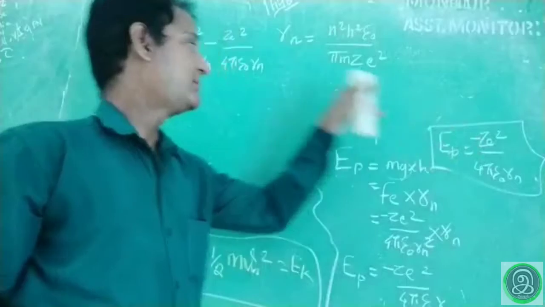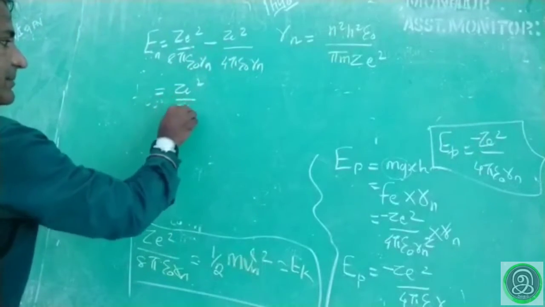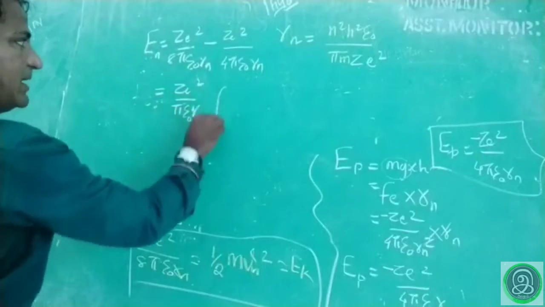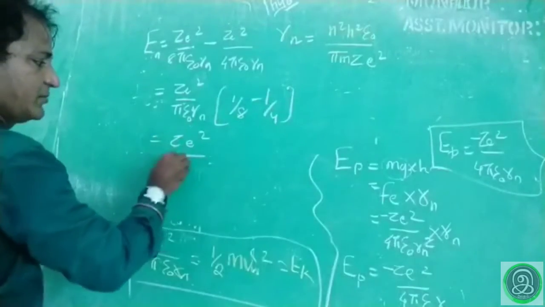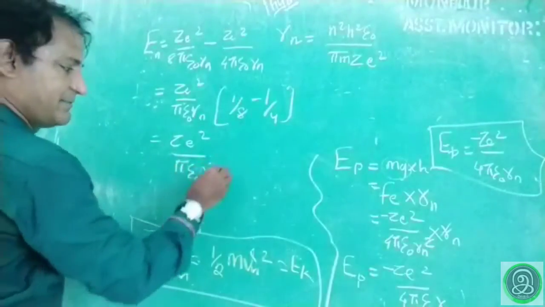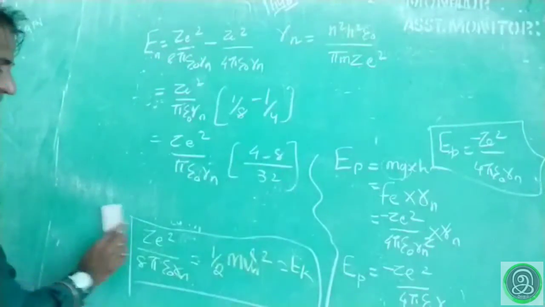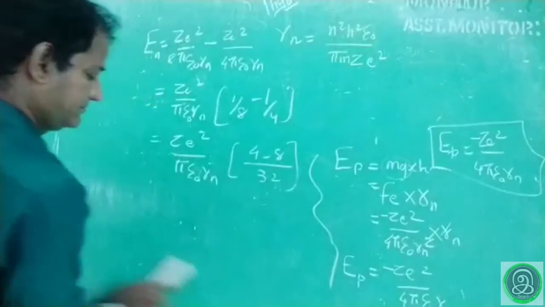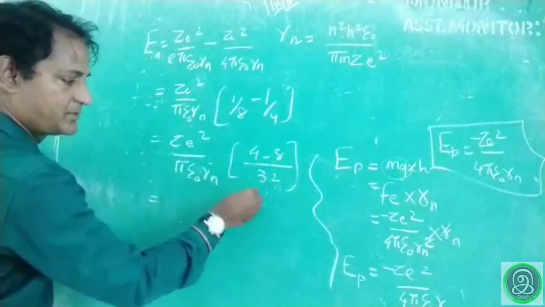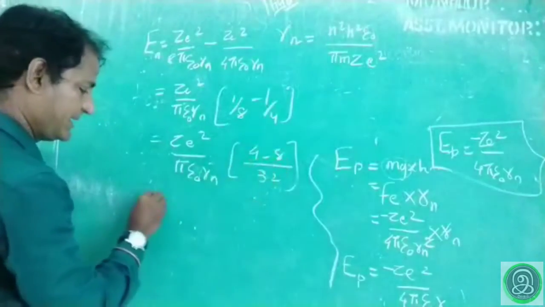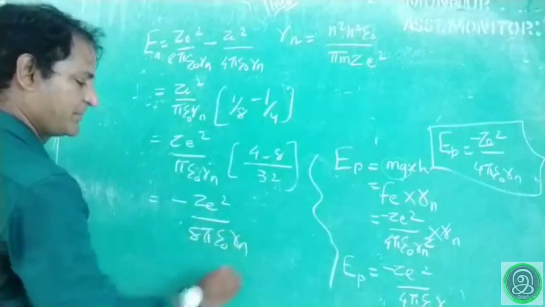Since it is minus here, we have put minus. Taking Ze squared by pi epsilon naught Rn commonly outside, this becomes 1 by 8 minus 1 by 4, which is 1 by 8 minus 2 by 8, that is 4 minus 8 over 32, minus 4 by 32, which means minus 1 by 8. So it is minus Ze squared by 8 pi epsilon naught Rn.